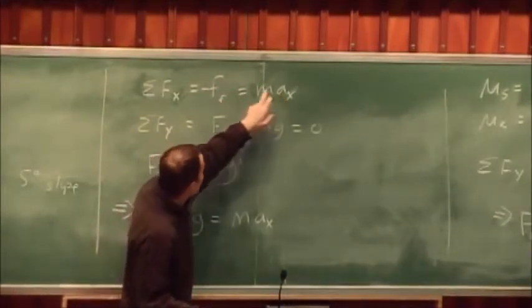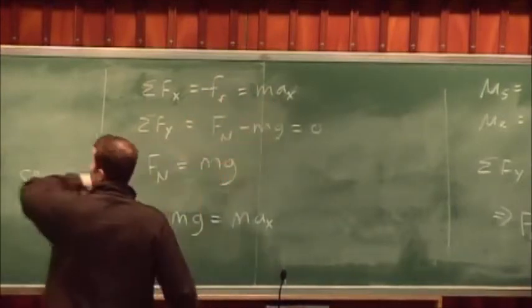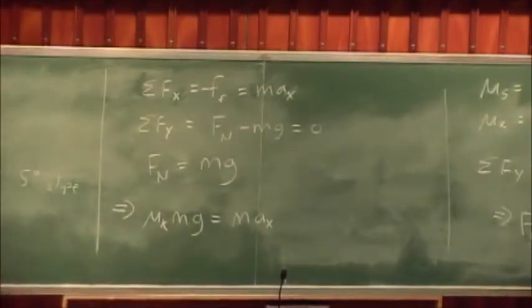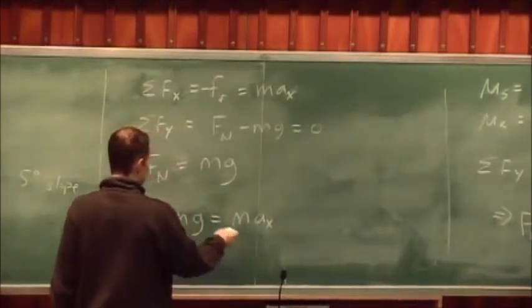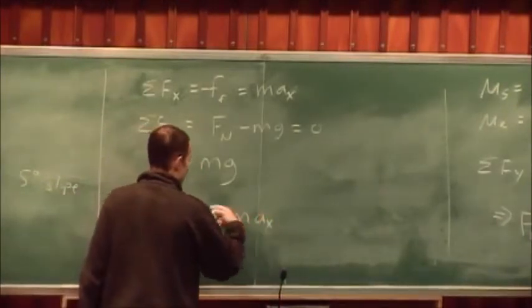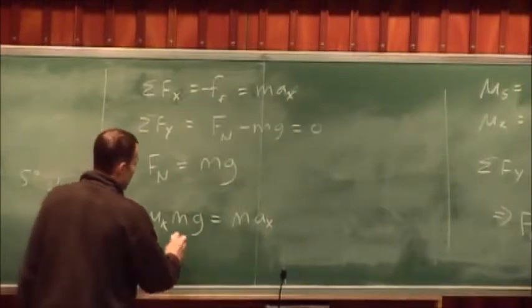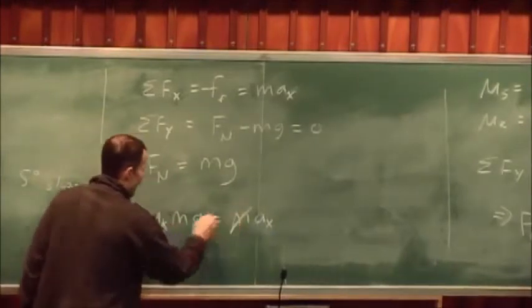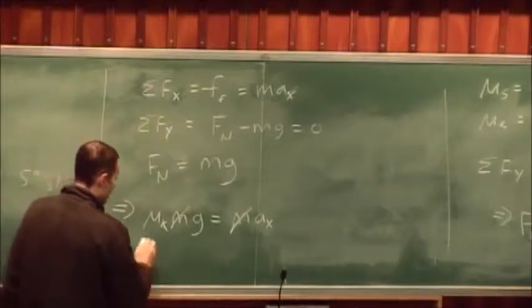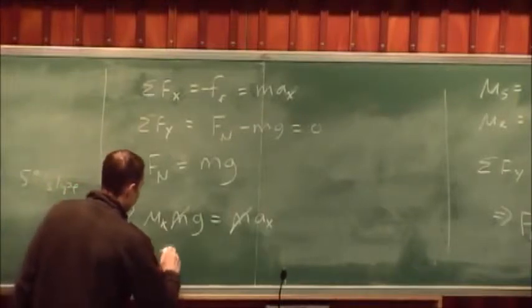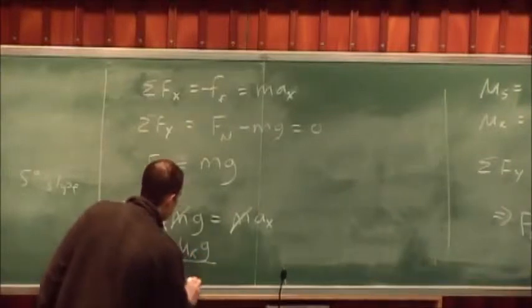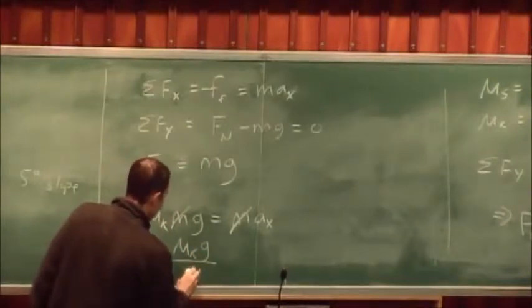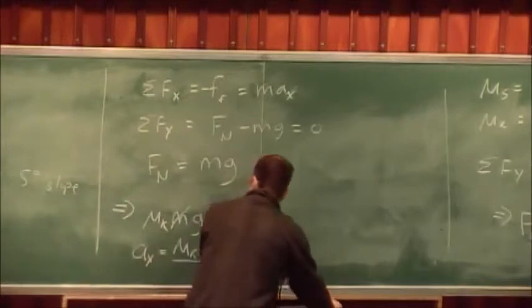But because this is negative, this just shows me that the acceleration is in this direction. As long as we remember that a is in a particular direction, that's what that is. Now we see that the masses cancel out, and so we see that ax is equal to mu k g.